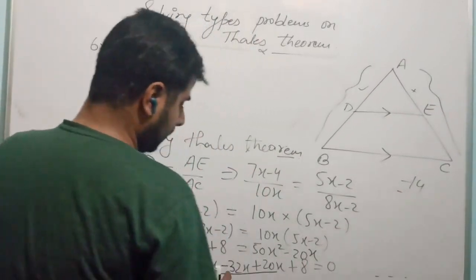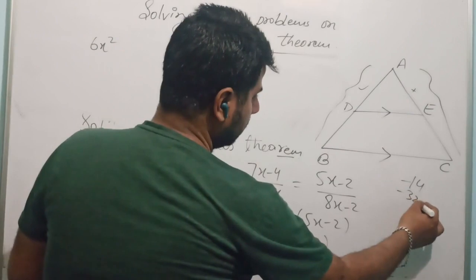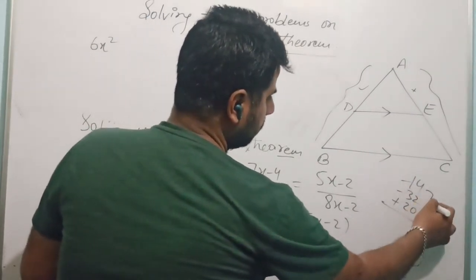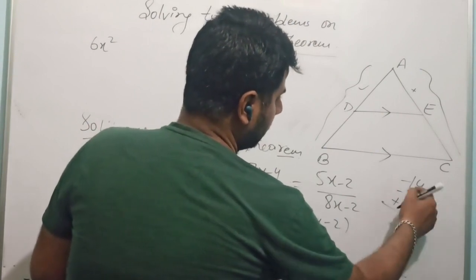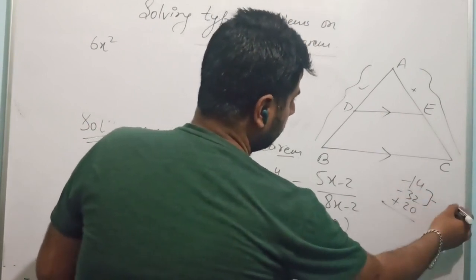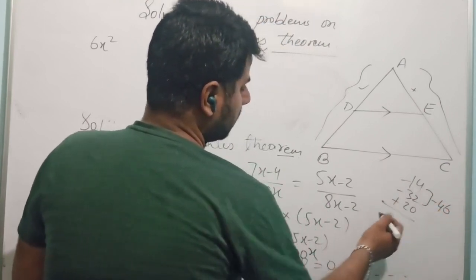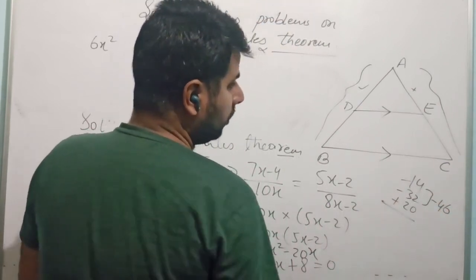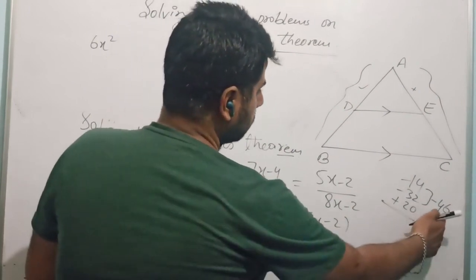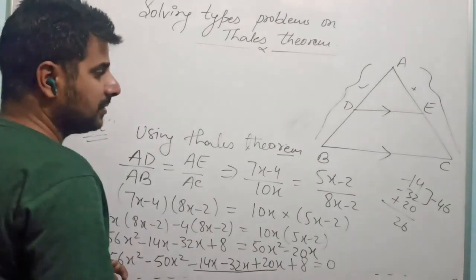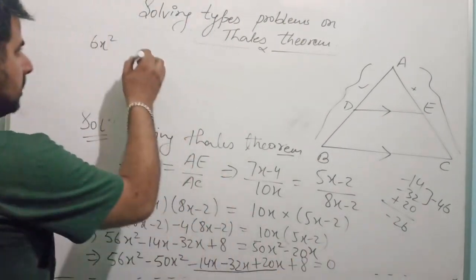So we will do minus 14 minus 32 and then plus 20. Minus minus will give you plus. With minus sign, 4 plus 2 will be 6, and 3 plus 1 will be 4. So minus 46 plus 20, again it is going to be minus, plus minus is minus. So 46 minus 20 will be 26, and the greater is with negative sign. So minus 26 is the result.